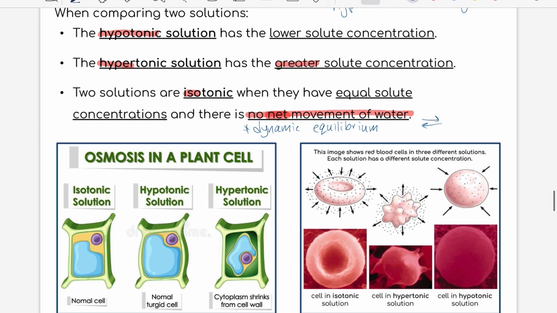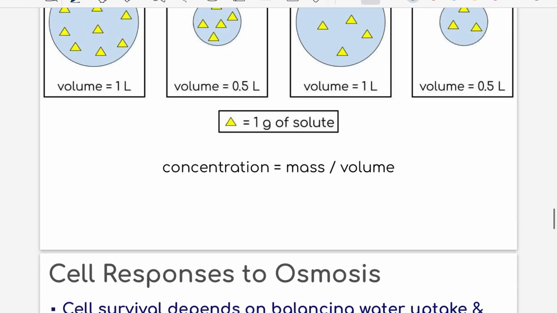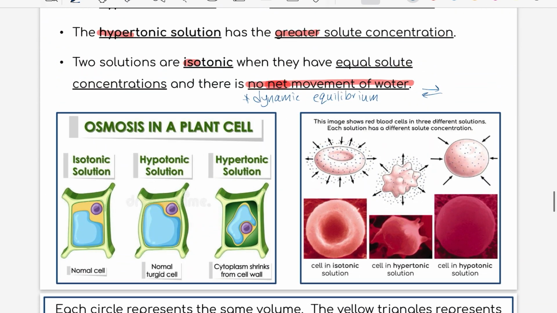All right, now let's compare some solutions and then we'll get back to plant and animal cells. So these are two examples that you need to know. You need to be able to describe how osmosis functions in plant cells, and you also need to describe how it functions in animal cells. This is essentially an animal cell over here. It's a red blood cell.